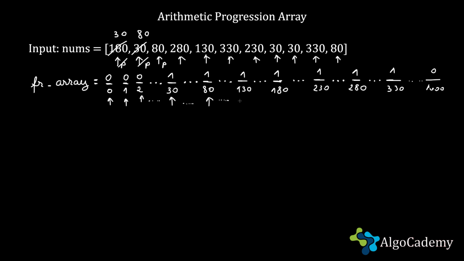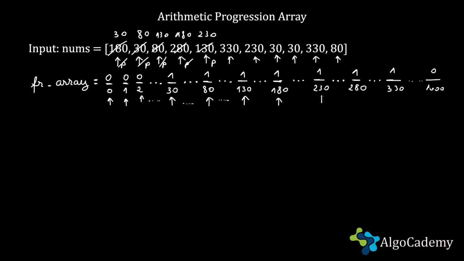Now, iterating, I find 130. So this one becomes 130, and the pointer moves here. 180 is the next one, right? This one becomes 180, and the pointer P moves here, and I continue, and you can see 230, right?